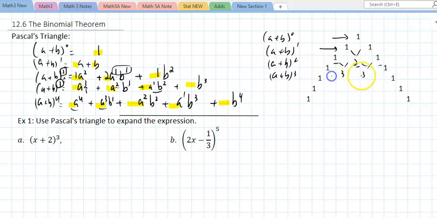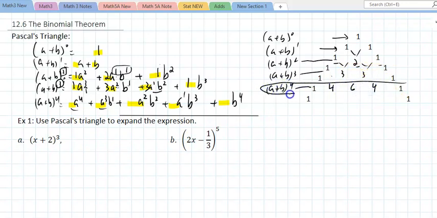Add those two. 1, 3, 3, 1. 1, 3, 3, 1. A plus b to the fourth would be, add those, so that's a 4, that's a 6, and that's a 4. These are the coefficients for a plus b to the fourth. A 1, a 4, a 6, a 4, and a 1.